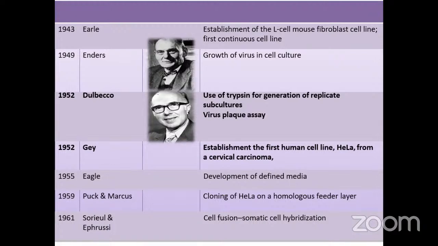From that lady, these cells were isolated and subcultured. Even till now, we can use HeLa cells for studying the action of a drug or vaccine or anything on this particular cervical carcinoma. Based on her name, Henrietta Lacks, they gave the name HeLa.